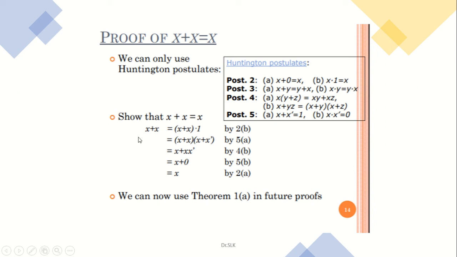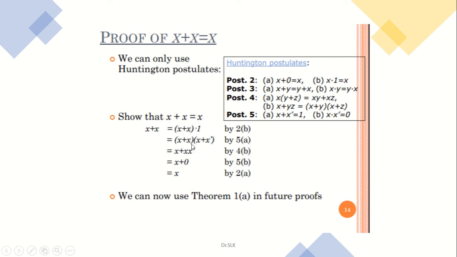Now by using postulate number 5a, a number plus its inverse is equal to 1, so this 1 can be replaced by x plus x dash.